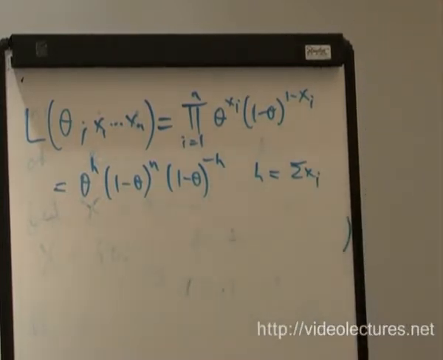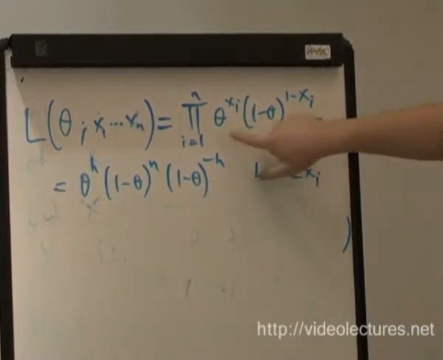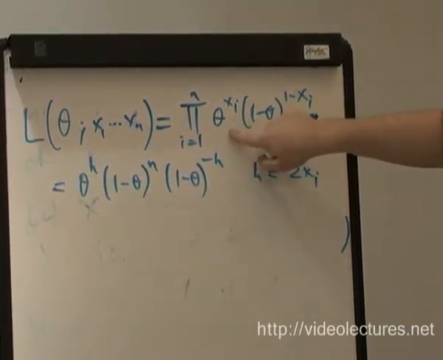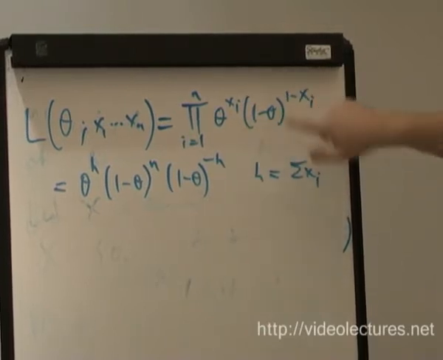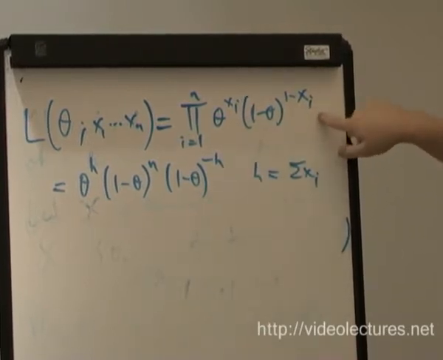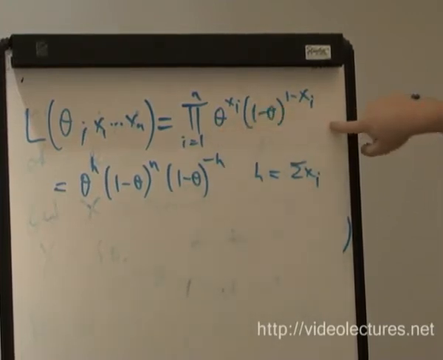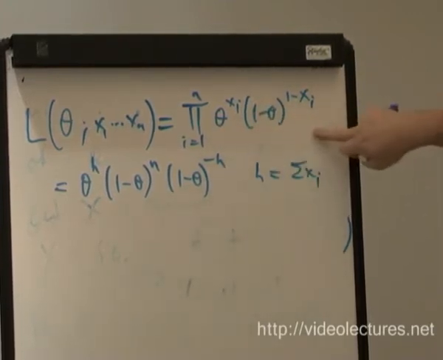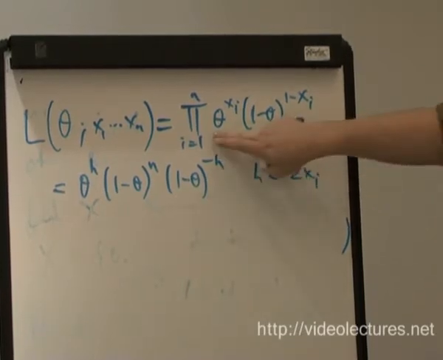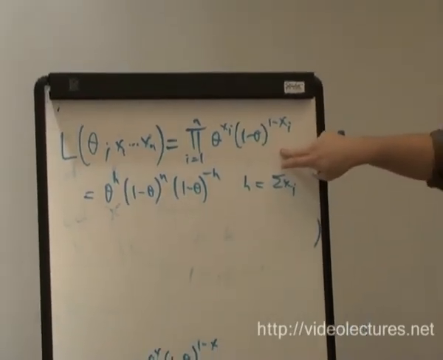So there are three things in here. There's theta to the power xi, there's 1 minus theta to the power 1, and there's 1 minus theta to the power minus xi. When I take all those products, I get each of those three things n times.